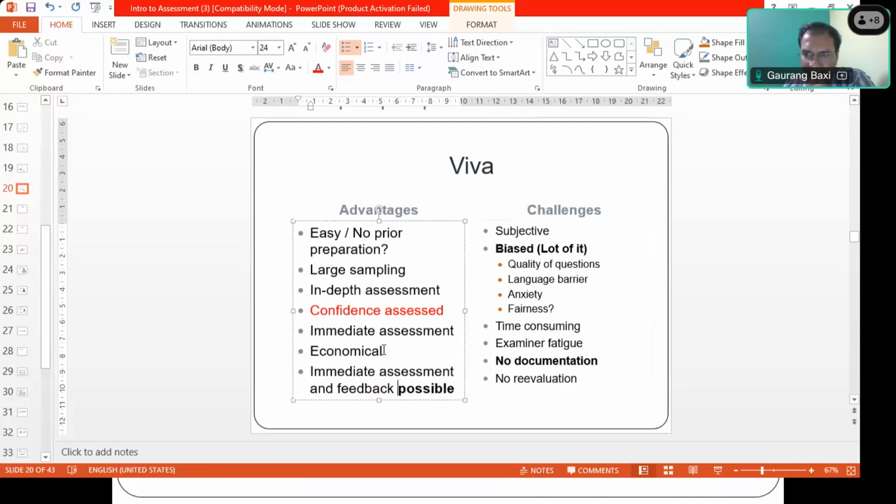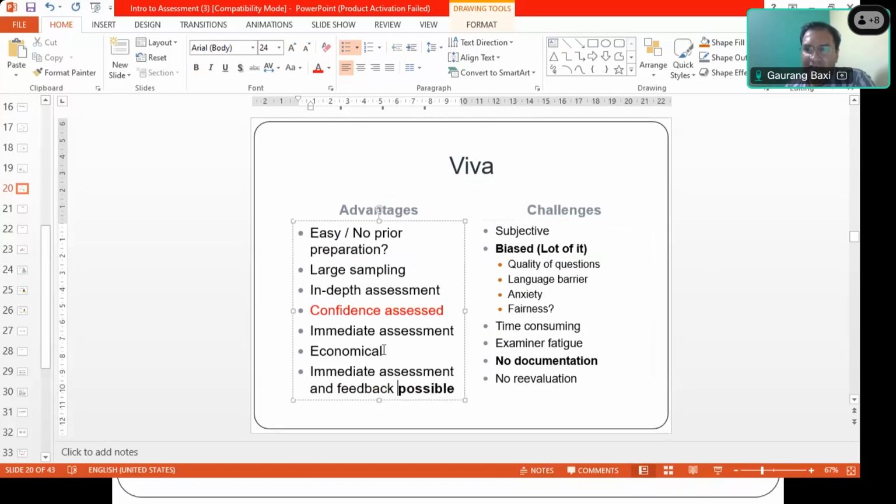And the second area where vivas can be useful is for your top ranked students. Suppose you have 5 or 6 students who have got more than 90% or 95% marks. Who deserves to get the first rank? Who should be second? So to rank your topmost students, again, a viva can be useful.